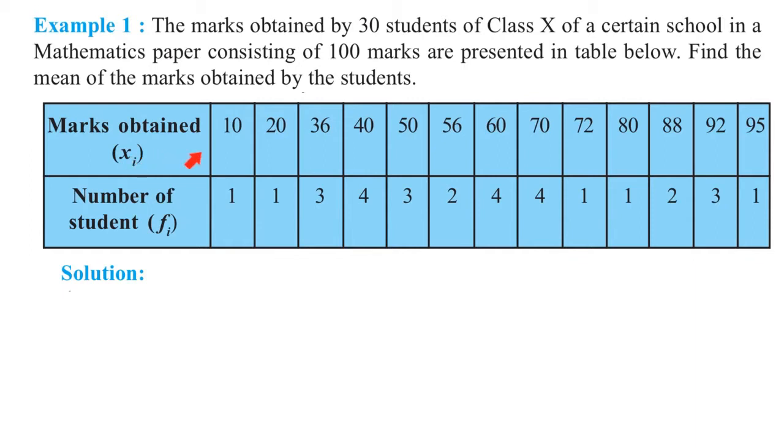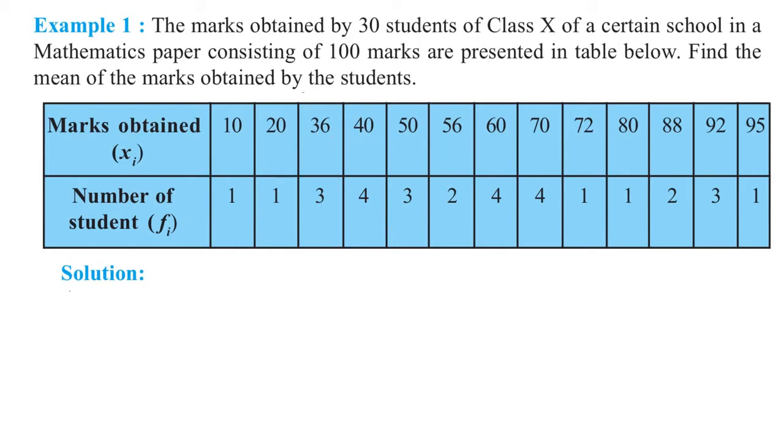So we know the number of students: 1 student got 10 marks, one student got 20 marks, 3 students have got 36 marks, 4 students have got 40 marks, and so on. So this represents the number of students, the frequency of students who have obtained these marks.